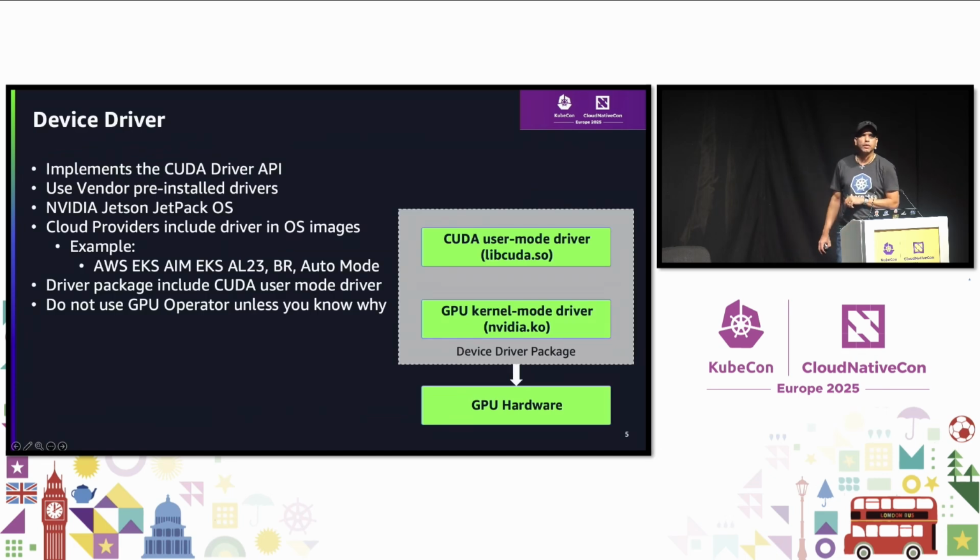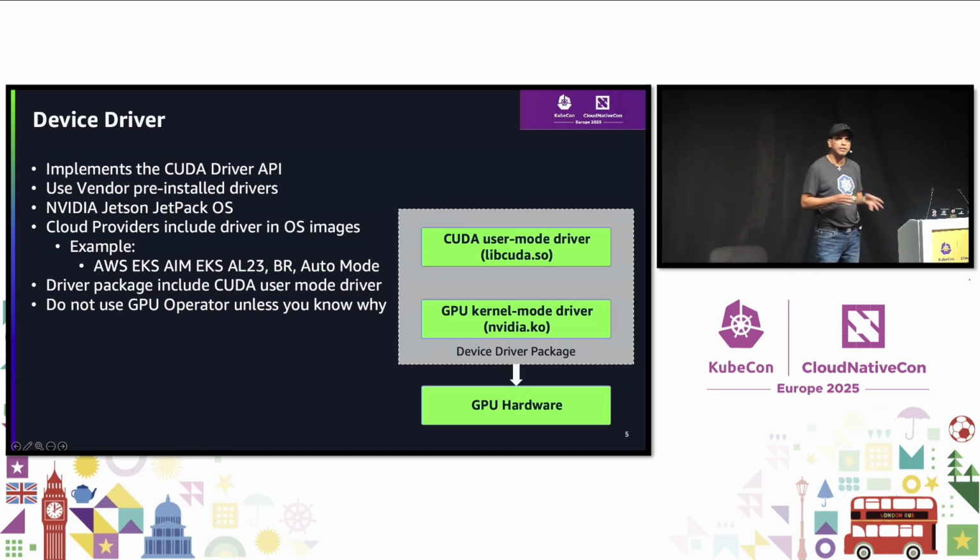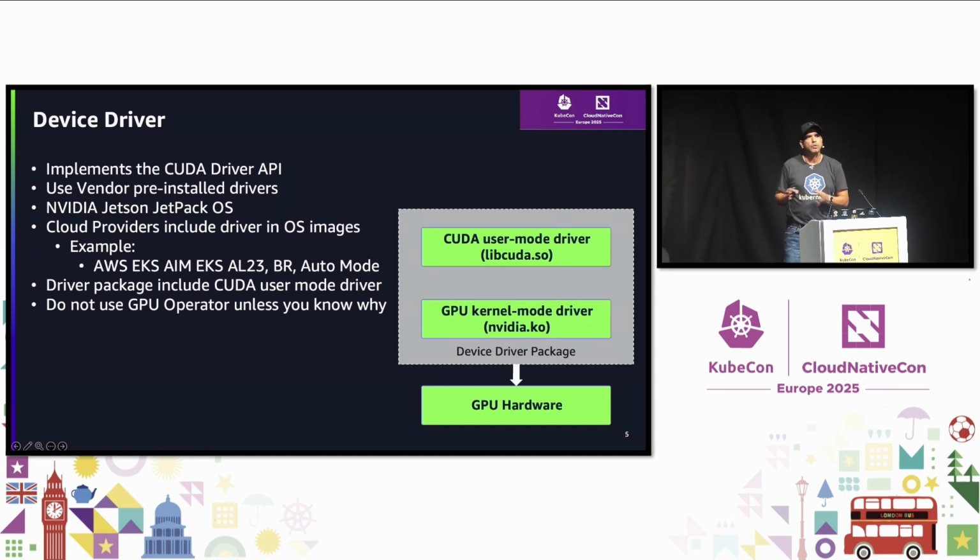The first one we're going to take a look at is the device driver. The device driver is divided in two parts. One is the part that you install in Linux to talk to your hardware. That driver comes from the vendor for the specific chip that you're using. For example, if you're using AMD chips, you will get the device driver for that. If you're using NVIDIA, you will get the NVIDIA driver that comes with the CUDA user mode driver.